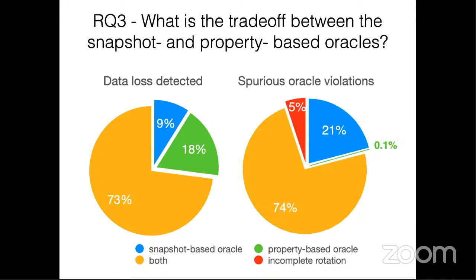In terms of spurious violations, the property-based oracles are more effective than the snapshot-based oracles. In fact, only 0.1 of these spurious violations are produced uniquely by the property-based oracle.